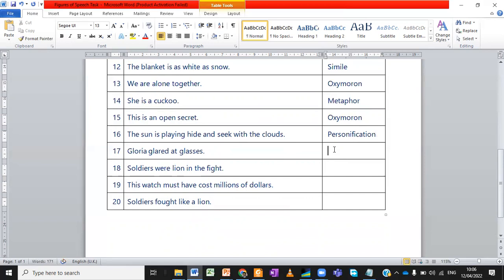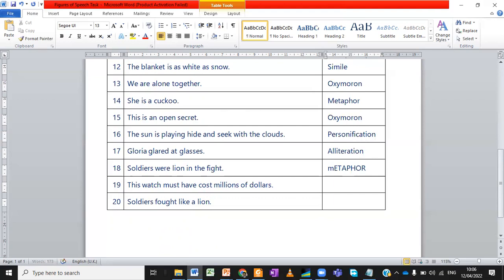Number 17. Alliteration. Yeah. Number 18. Metaphor.